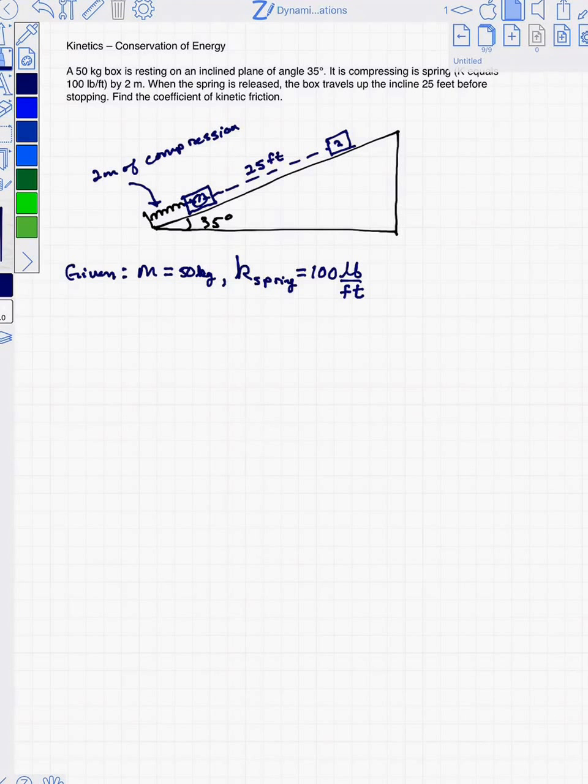And there is friction between the box and the incline, and there will be some coefficient of friction, and we don't know what that coefficient of friction is. So a few more pieces of given information here. The distance traveled is 25 feet.